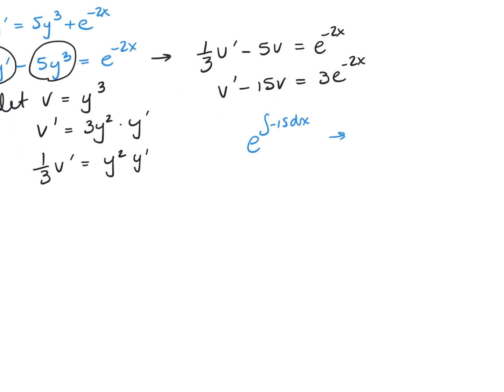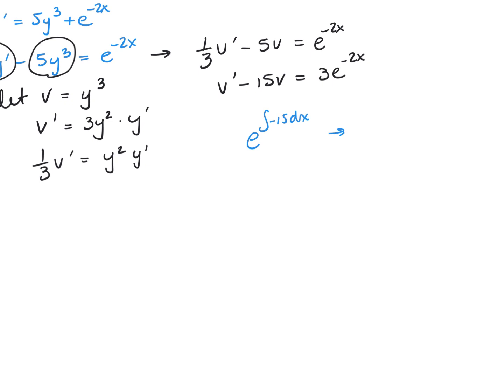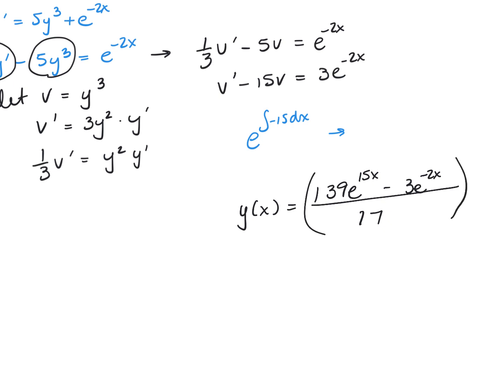When I get totally done, I find my initial value, and I'm just going to jump to the answer. y of x is equal to 139e raised to the 15x, and then minus 3e raised to the negative 2x, all over 17, and this thing is raised to the 1/3 when you get done, and that's the final answer. And that's it for this video.